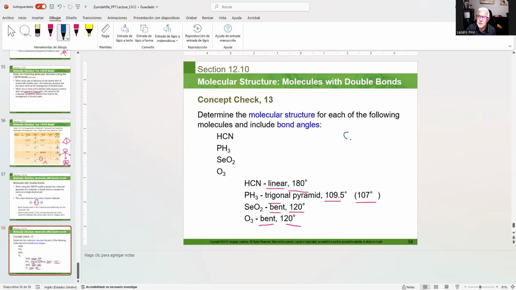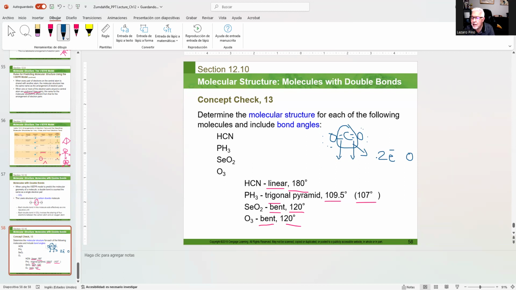In the case of CO2, we have two double bonds and lone pairs on the oxygens, but we have to watch only the central atom. In this case, you have one group of electrons here, and here two groups of electrons. Then you have two groups of electrons and zero lone pairs. You don't have lone pairs on the central atom.